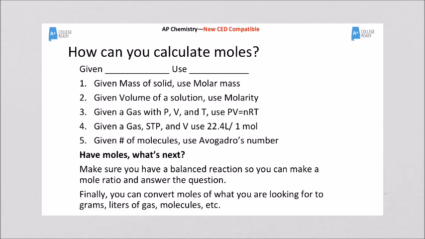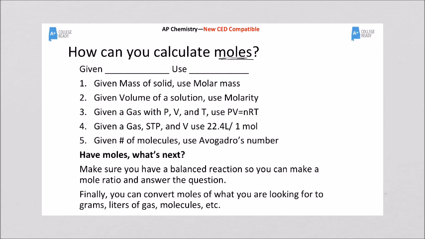So I've tried to think of many different types of information that we could be given, and then the relationship we need to use to calculate moles, because it's when we have moles that we can use the balanced reaction and the mole ratio to get information about another substance in the reaction.